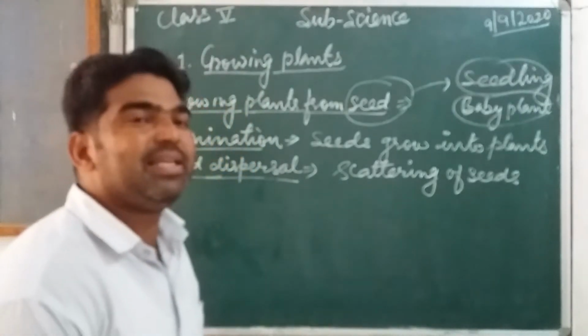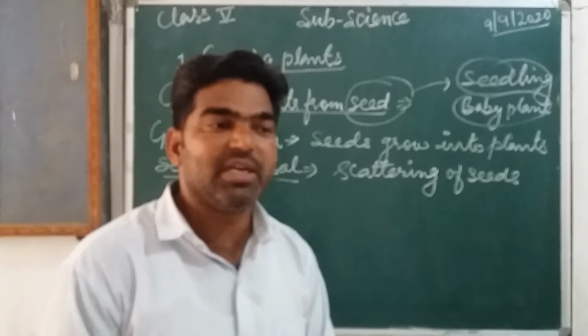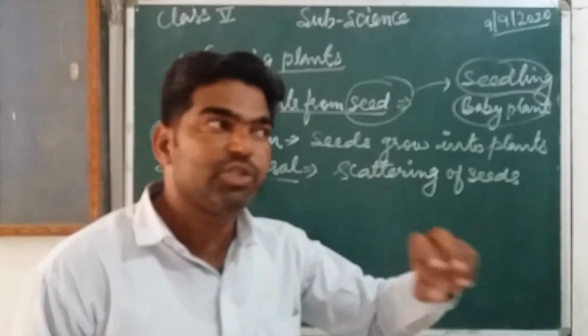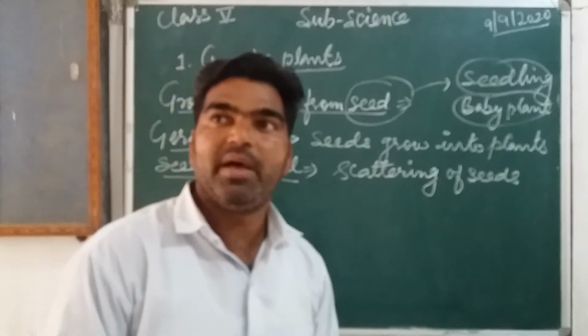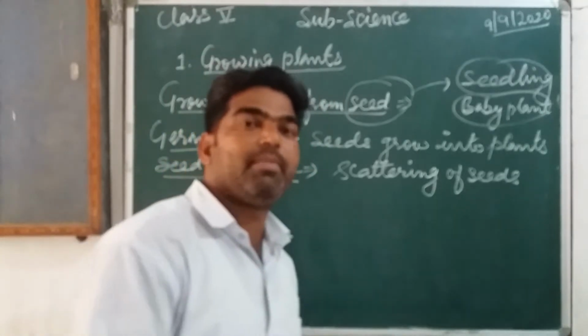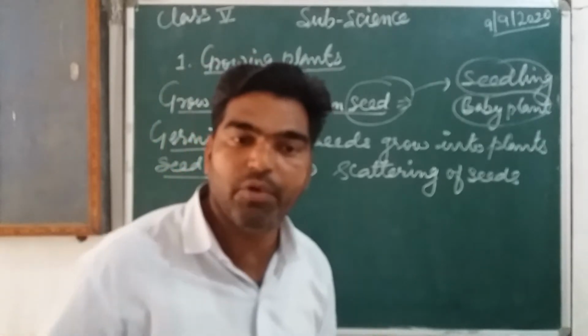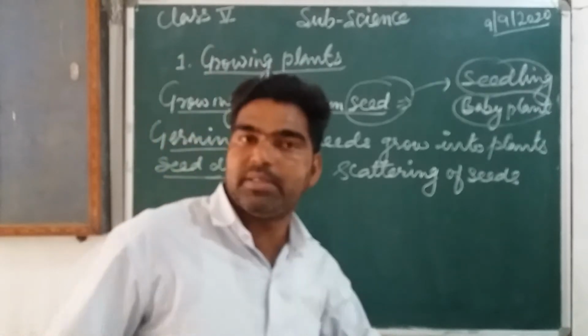There are many agents, many ways by which seeds reach different places. They may be taken by human beings, animals, insects, birds, water flow, air flow, water current, air current.